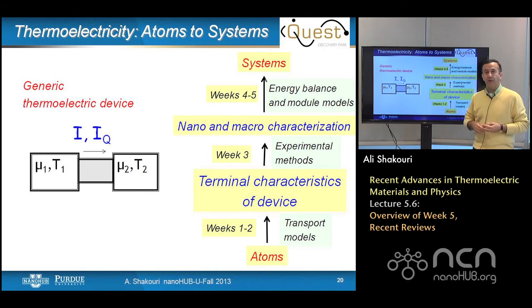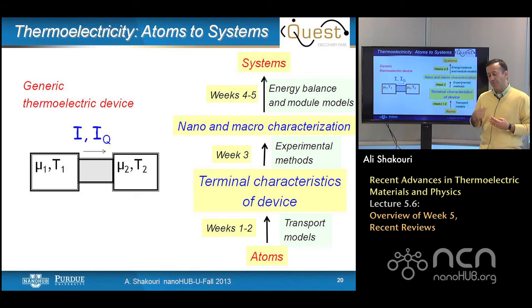The last week was focused on a newer concept, what some of the latest material developments in thermoelectrics have been. In addition to conventional thermoelectrics, we went back to the latest advances, what has happened in the last 10-15 years.